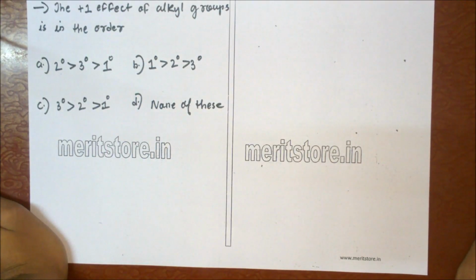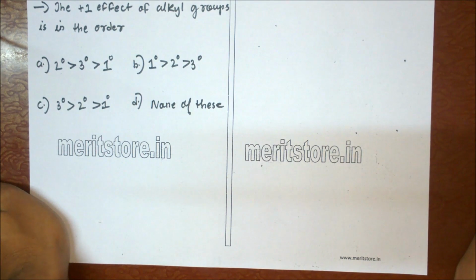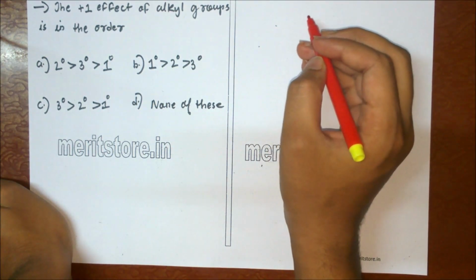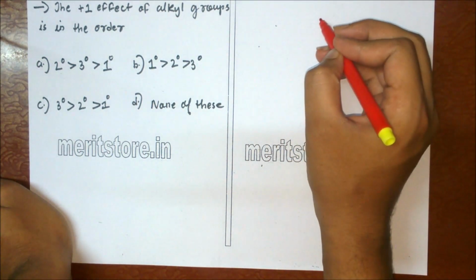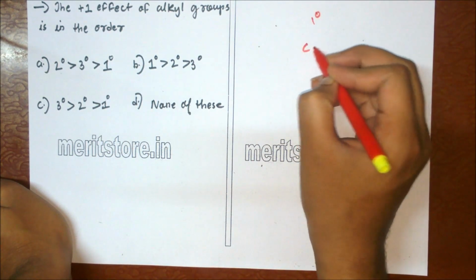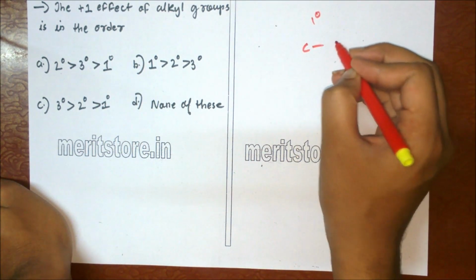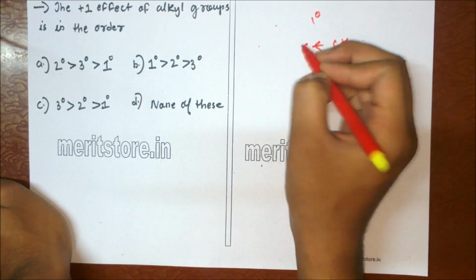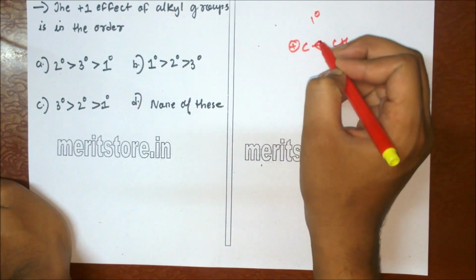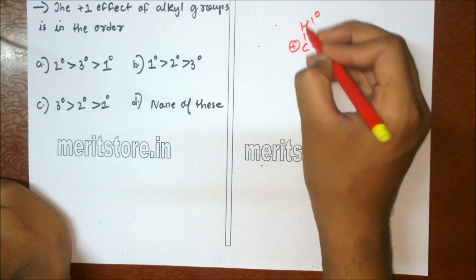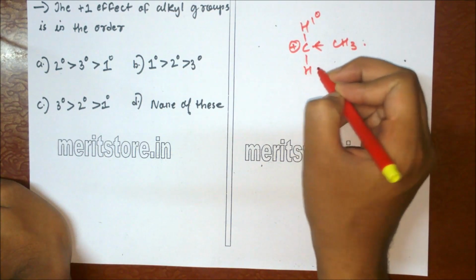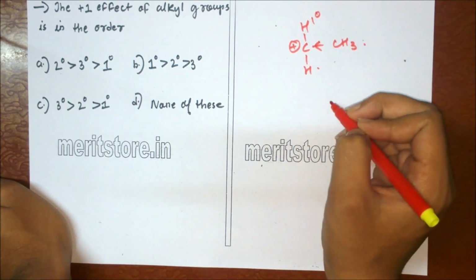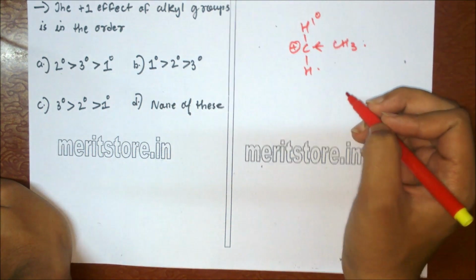The plus I effect of the alkyl group is in the order: consider the primary carbon atom attached here, which is CH3. The central carbocation withdraws electrons, and the primary has a weak plus I effect.